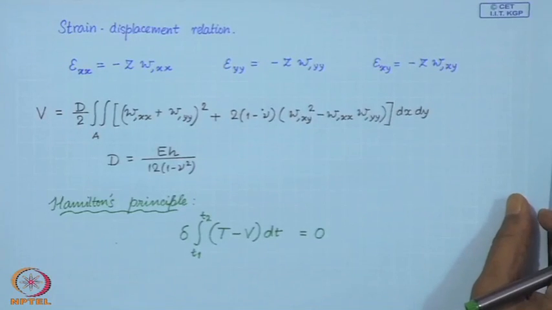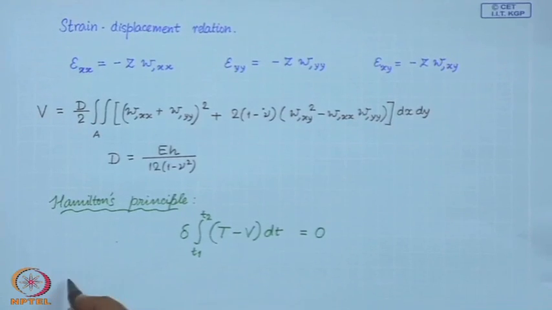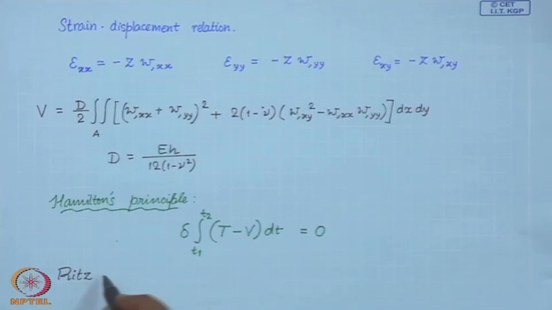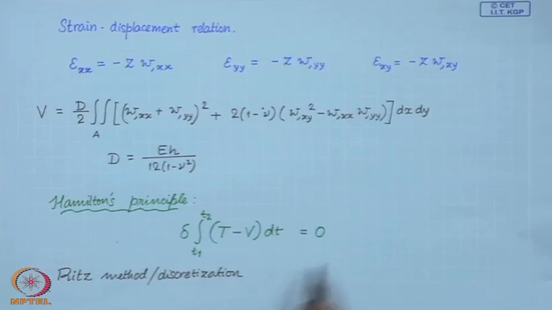So, now using this, we can also use the discretization using Ritz. So, based on this Hamilton's principle and Ritz expansion.